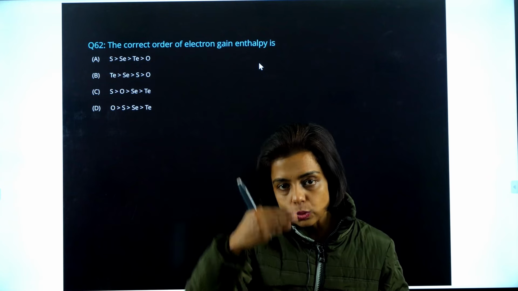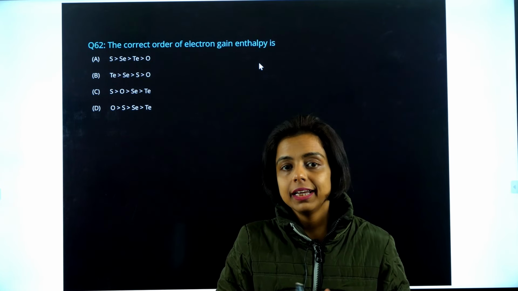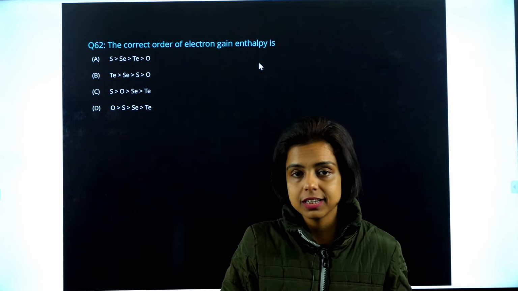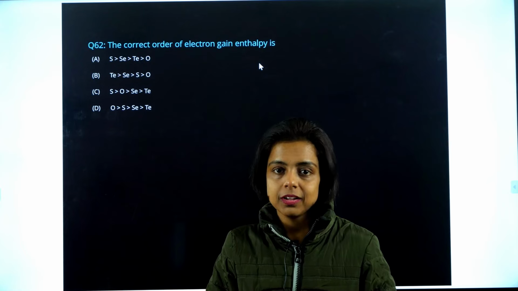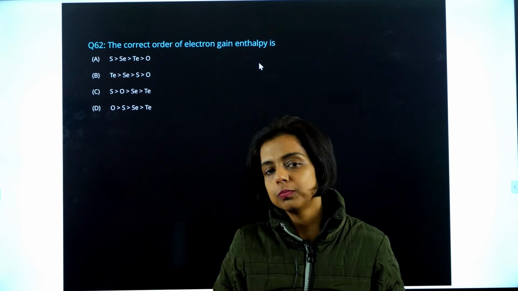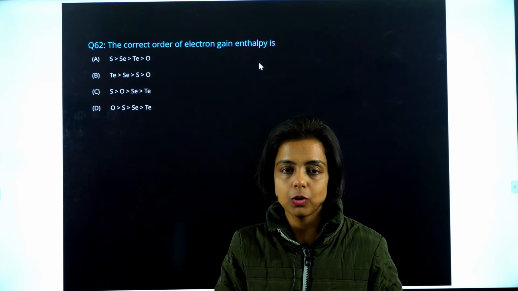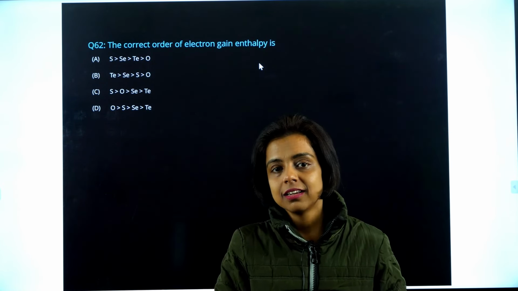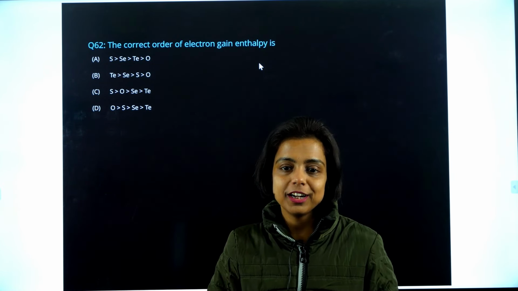Usually as we move down the group, the electron gain enthalpy, the tendency to add an electron, decreases, but in the case of fluorine and oxygen, the first elements of the p block, because of their small size, adding an extra electron can lead to interelectronic repulsion.